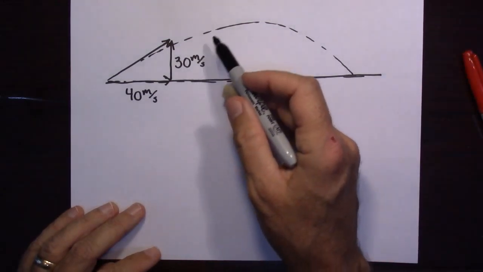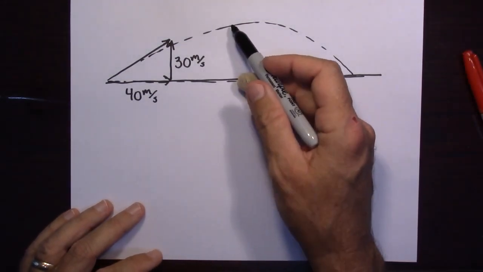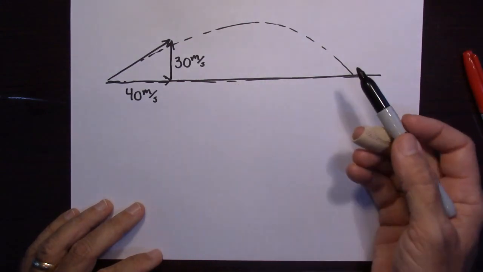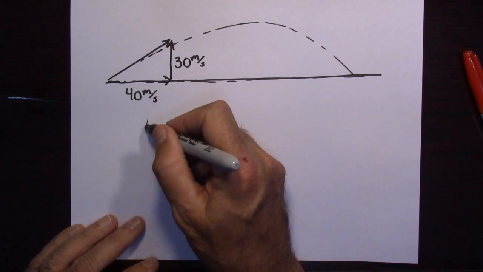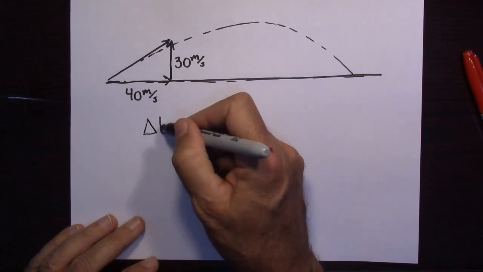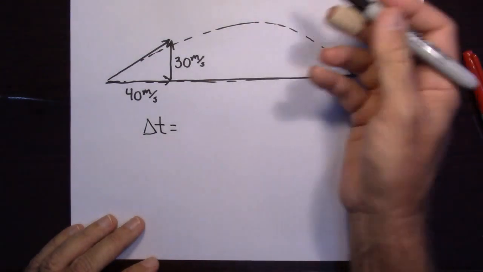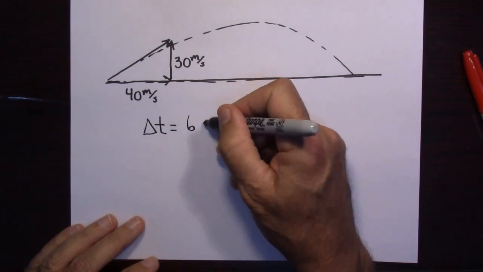So it's going to take 3 seconds to get up to the top, and coming back down, it will take another 3 seconds. So the total time for the trip, delta t, using the y component, is going to be 6 seconds.